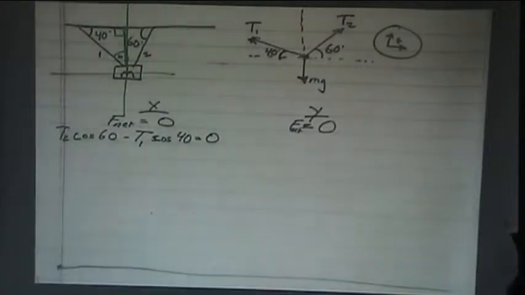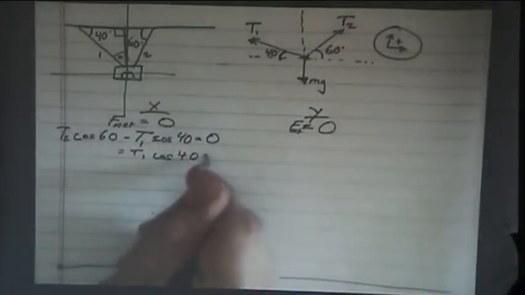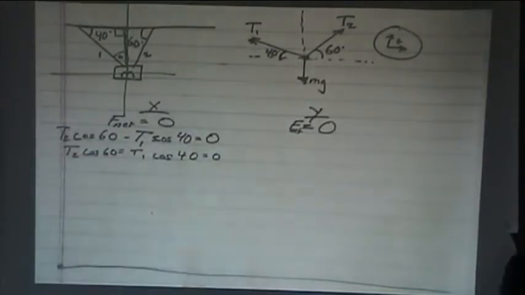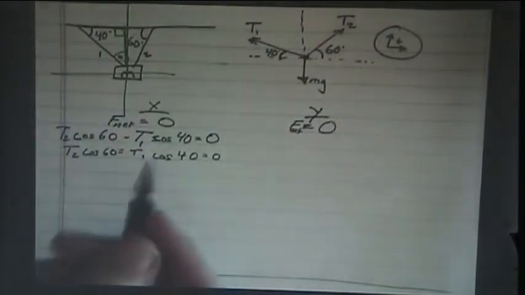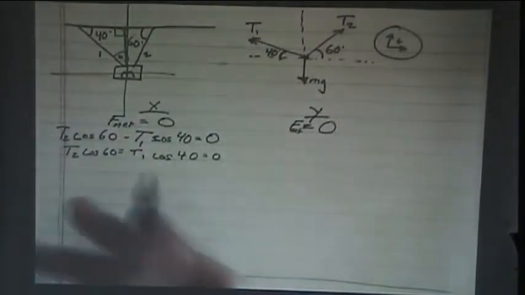Well, to do some quick algebra here, we can see that T2 cosine of 60 will then equal T1 cosine 40. Now thinking ahead, I'm going to need to solve for one of these in terms of the other.